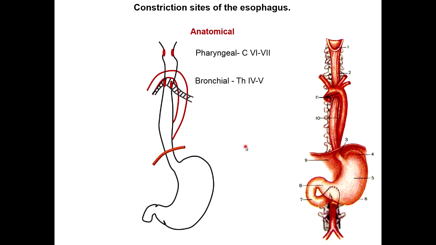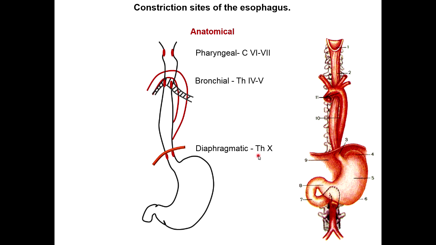And the last third constriction site is in those places where esophagus penetrates the diaphragm in hiatus esophageus diaphragmae. So when it penetrates the diaphragm, we can find the diaphragmatic constriction at the level of 10th thoracic vertebra.